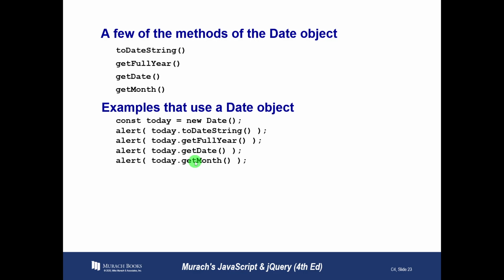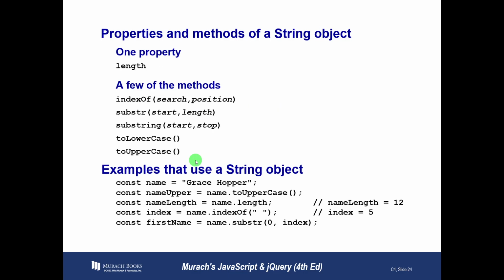All right, let's look at some methods of a string object. A string object is a string, and we don't have to use the new keyword to create a string object. We can just use a string literal with quotations around the string. One of the properties we can get from a string is its length.